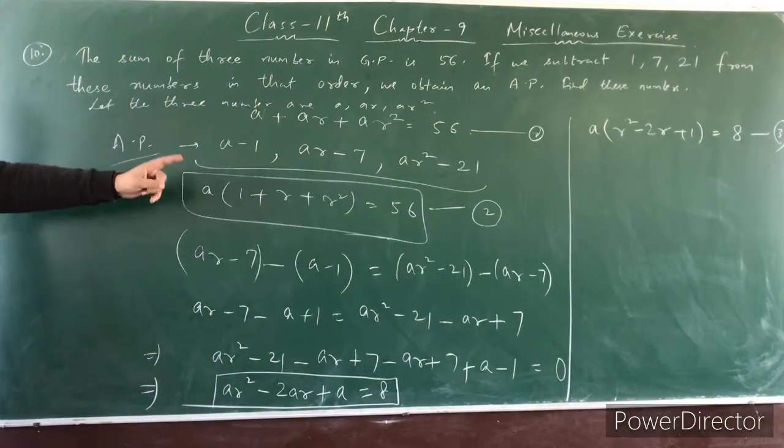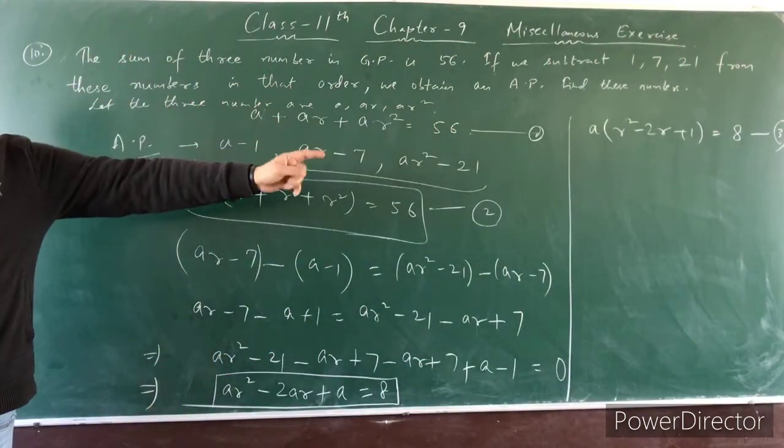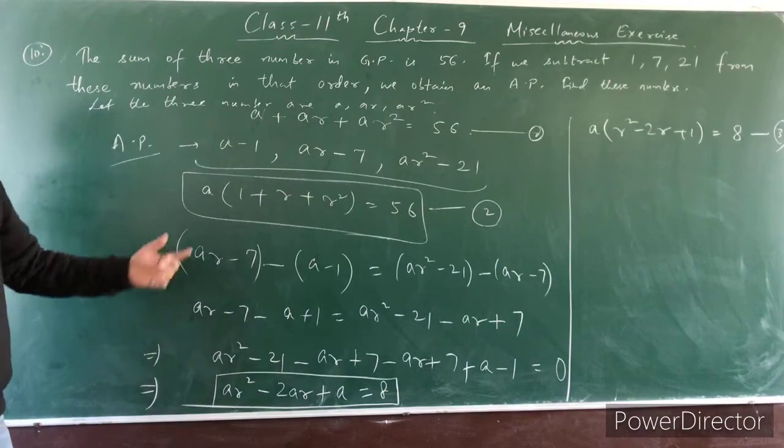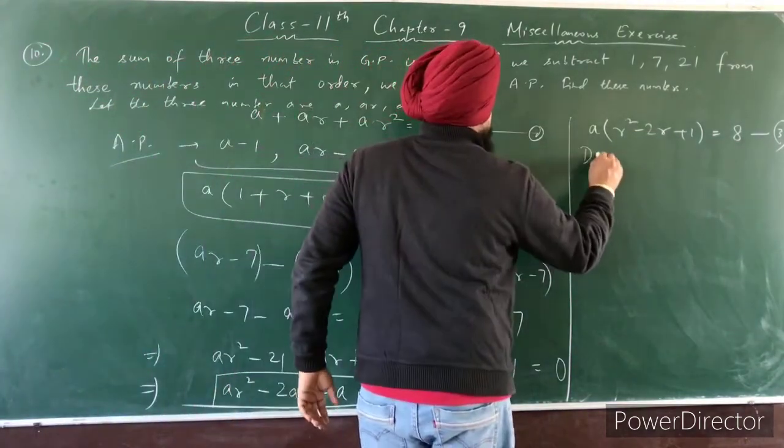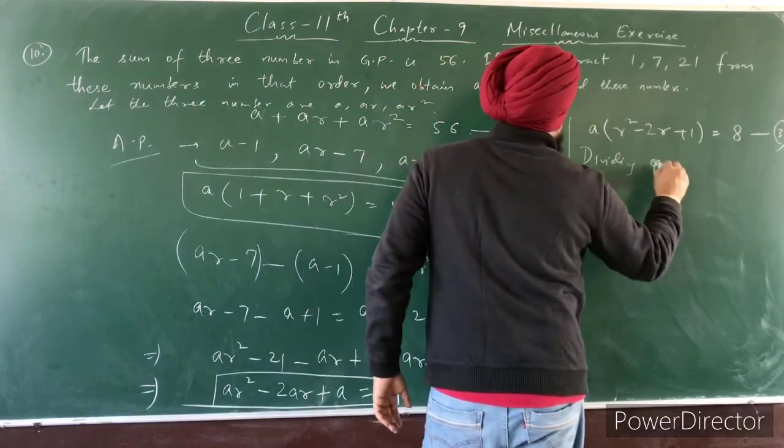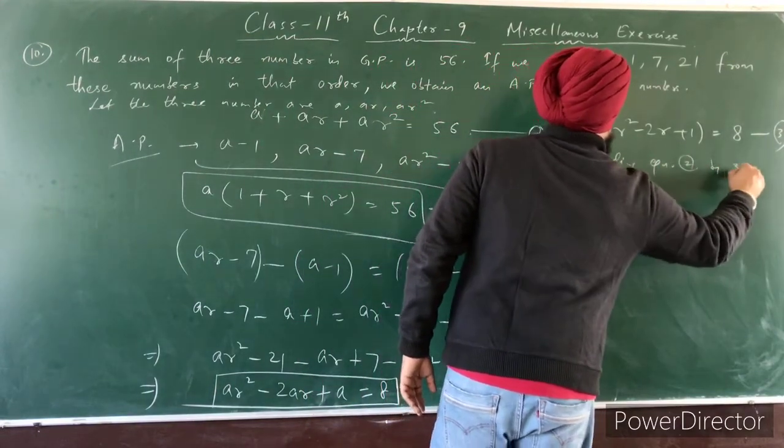Alright. Now we are solving equation number second and equation number third by dividing. You have to divide equation number second by equation number third.